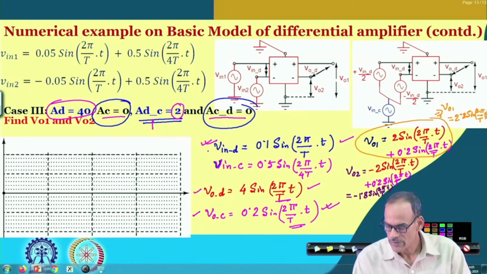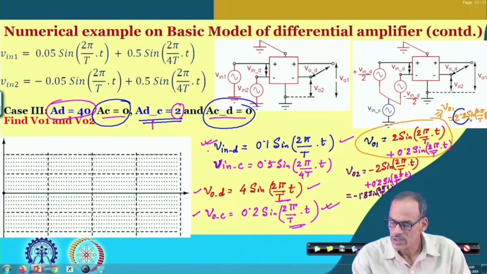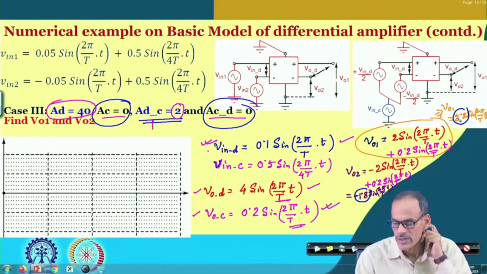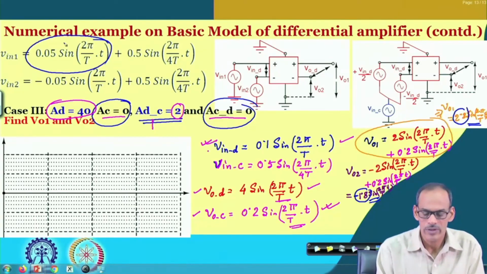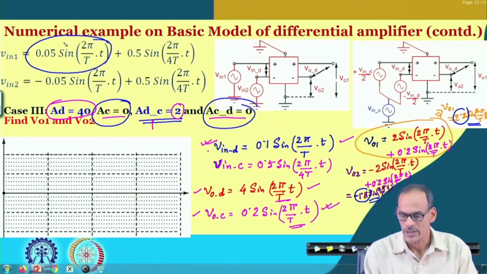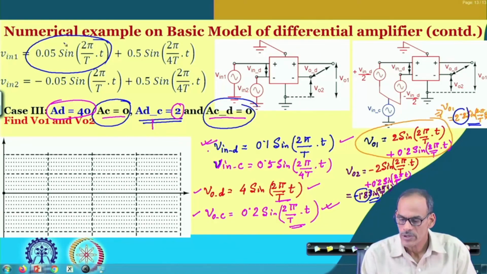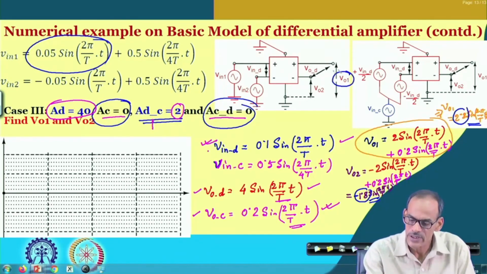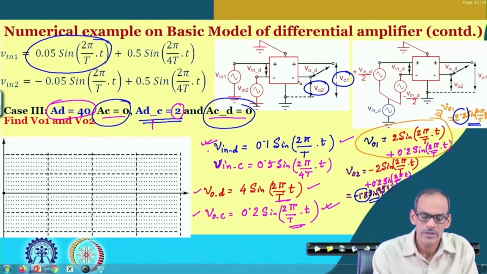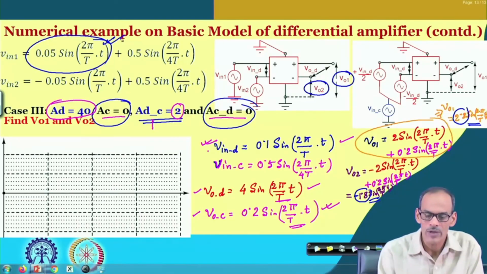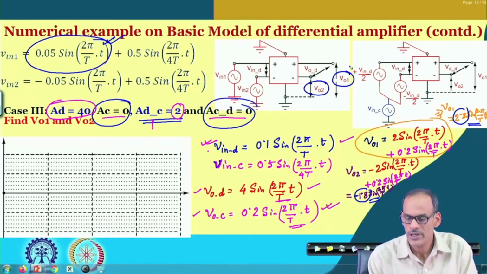So, note that here the amplitudes are different. Of course, there is a minus sign, but both the signals are the wanted signal, namely whatever wanted signal we are looking for. So, in summary, both this signal as well as this signal are carrying only the wanted signal, and the unwanted signal is completely absent.